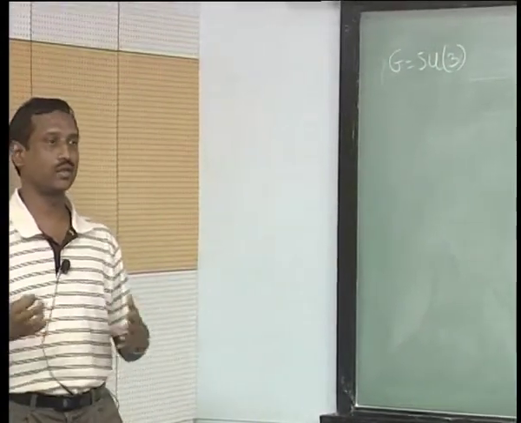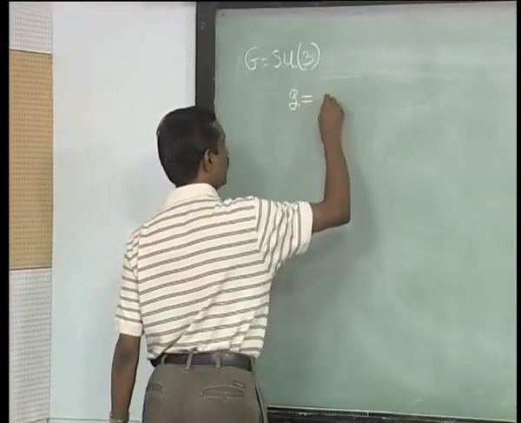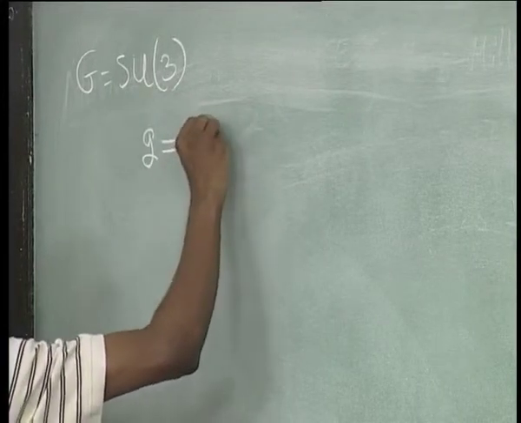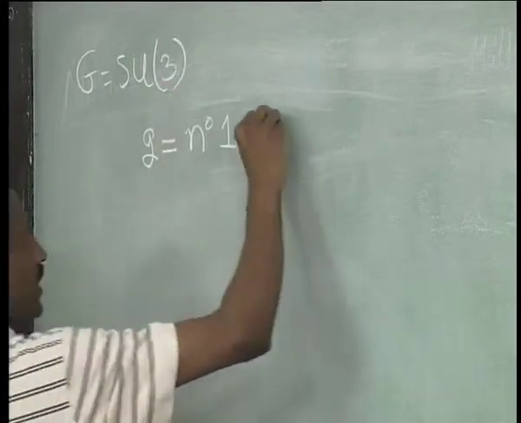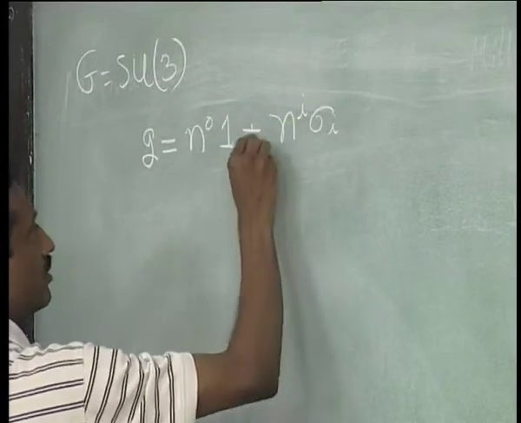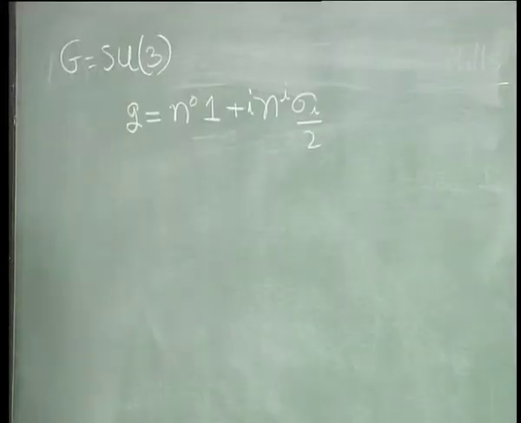We have already seen that any SU(2) group element can be written as N0 times identity plus Ni sigma i. What did I write? Was there a half or not?